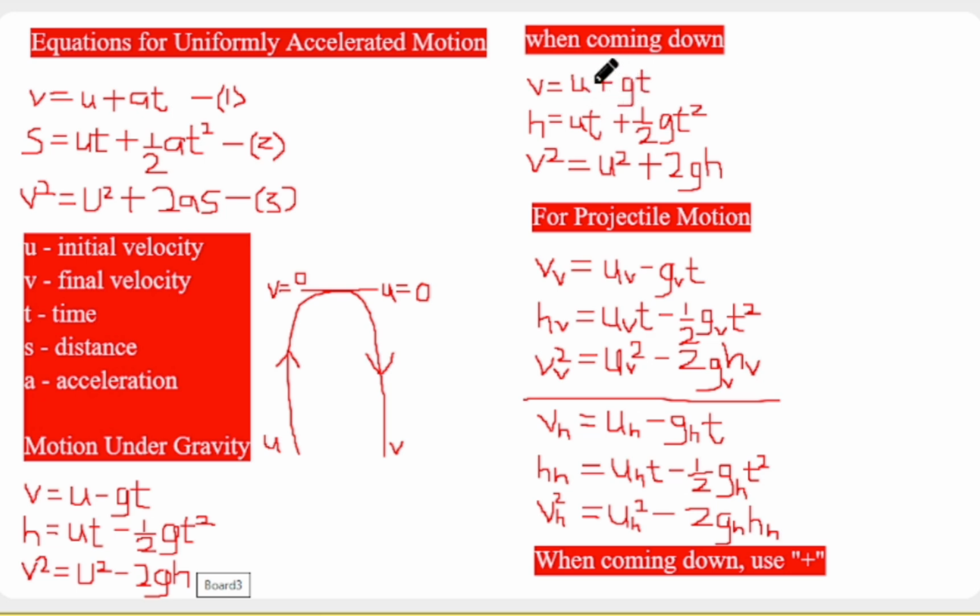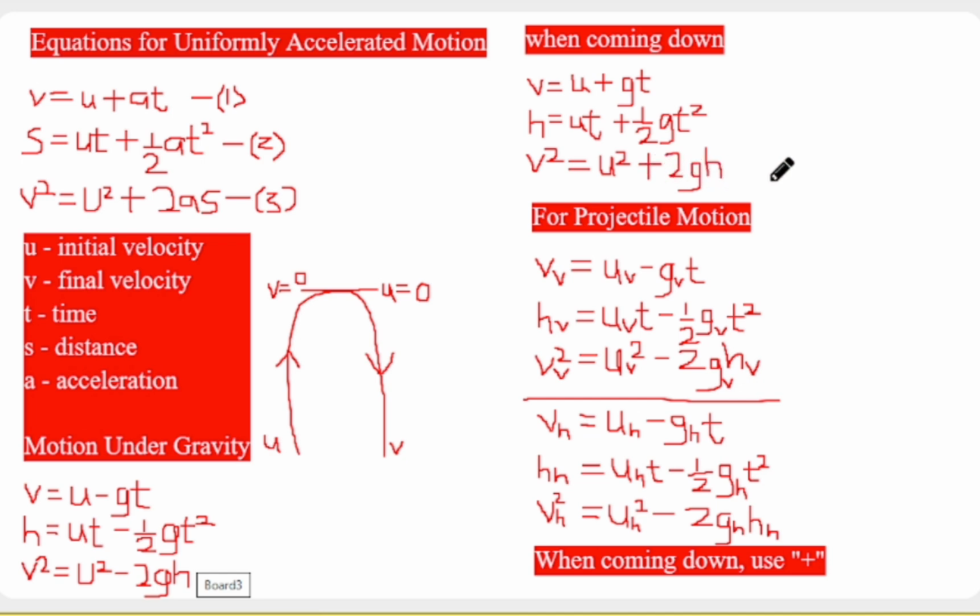So we can write that v is equal to u plus gt. Also, h is equal to ut plus half gt squared. And the third one, v squared is equal to u squared plus 2gh.